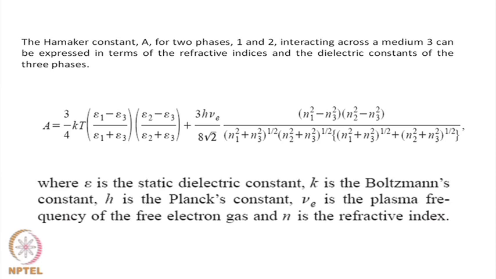So, this formula tells us what the value of the Hamaker constant is going to be for a specific liquid-solid-vapor combination. But I must mention that people have tried for quite some time to measure the value of the Hamaker constant in real systems and compare it with that predicted from the previous equation.